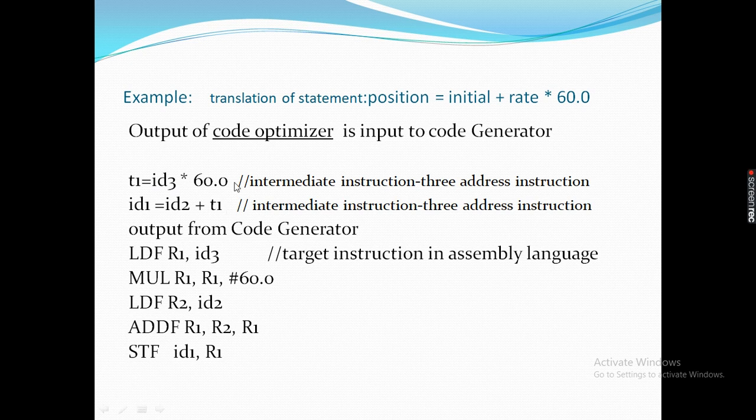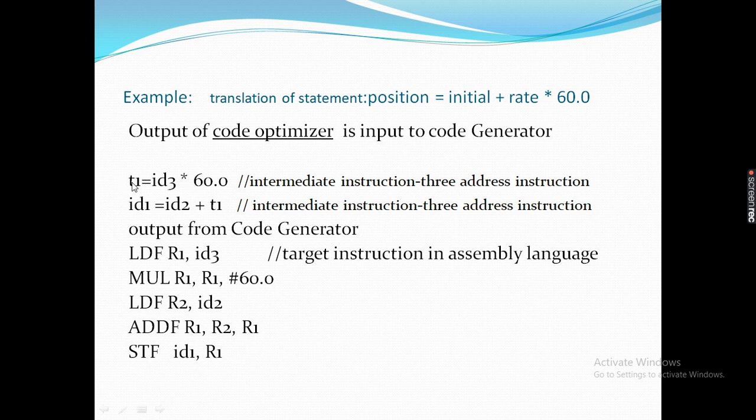Three addresses are there: t1 is a temporary variable address, id2 is a variable address, id1 is a variable address. And the right side of the assignment operator has exactly one operator, plus. So one operator is allowed, but more than one operator is not allowed in a 3 address instruction.